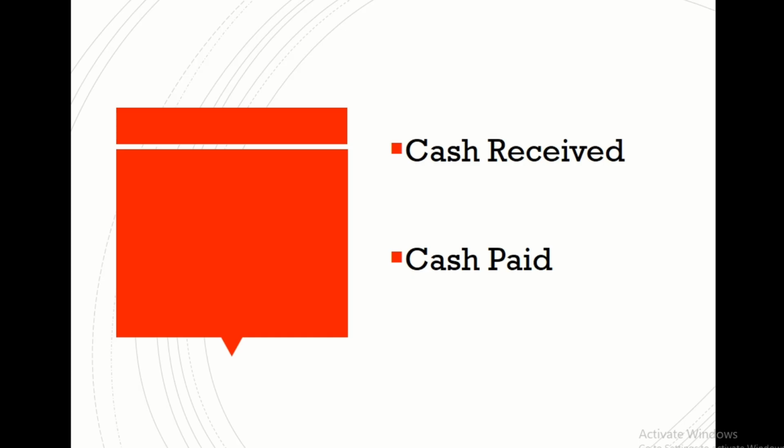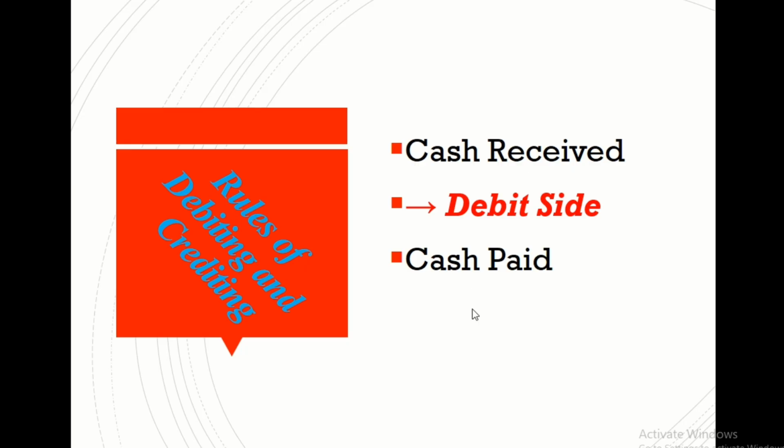Next, we are going to see the rules of debiting and crediting in the cash book. Why do we debit? Why do we credit in a single column cash book? For example, if you are an accountant or a business owner and you receive cash, in a single column cash book or whatever type of cash book, every cash received in a business is supposed to be recorded in the debit side.